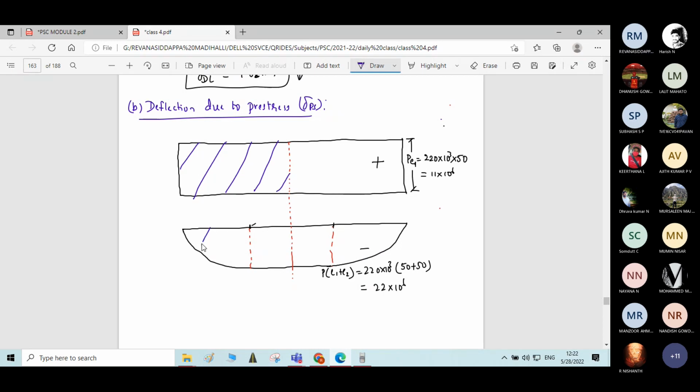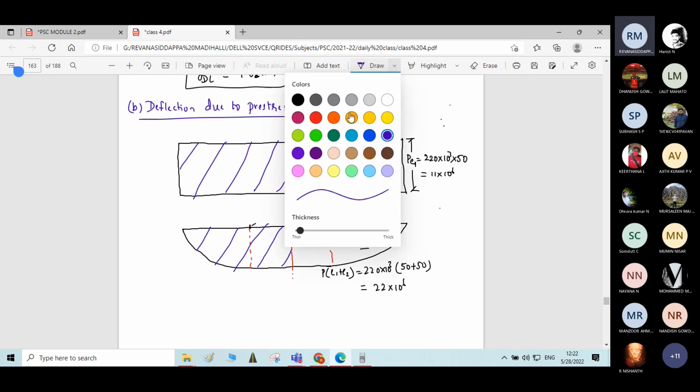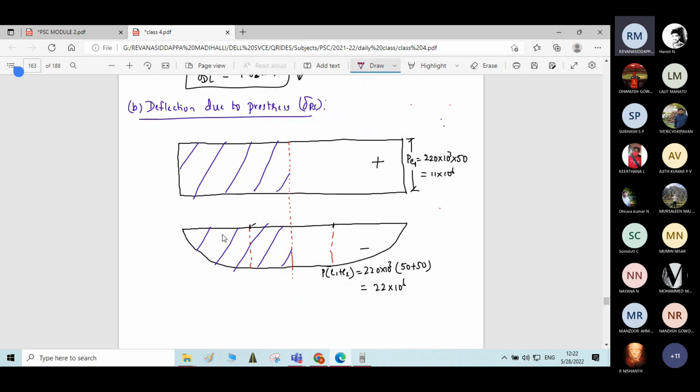Now we will divide this figure into two regular components. This rectangle we will take as component number 1. This parabola we will take as component number 2, and here one more rectangle we have, we will take this as component number 3.